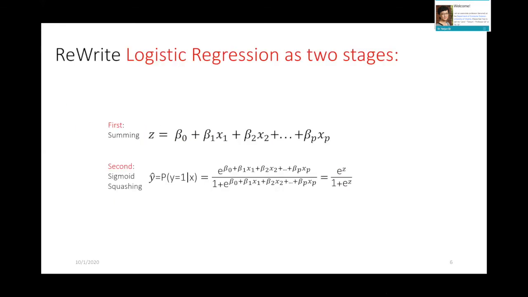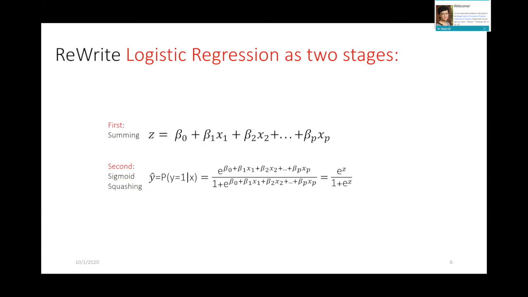We actually touched on this last time. We can rewrite logistic regression as a two-stage representation. The first stage is z. We can just use a variable z to represent that summation part. The second stage is e to the z over 1 plus e to the z, and this is the logistic, also the sigmoid.